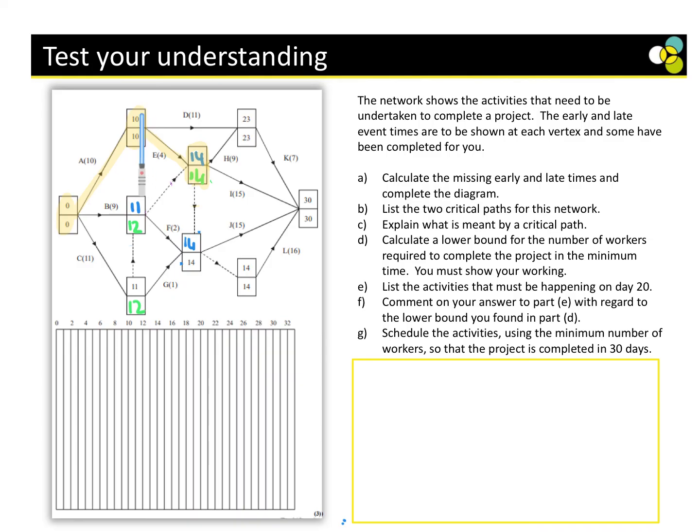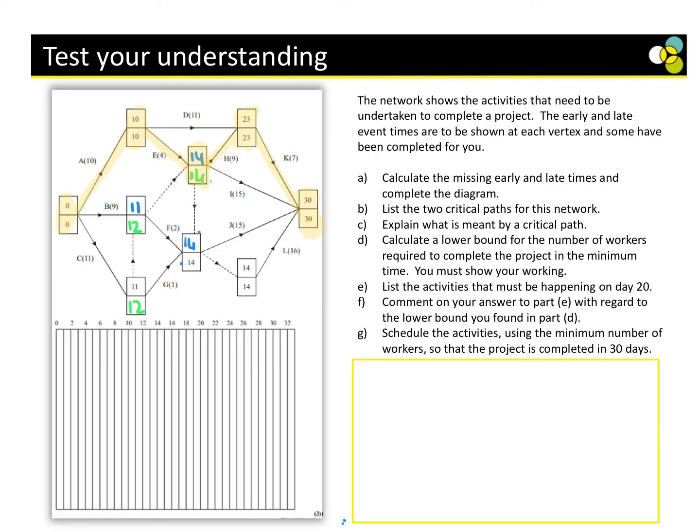Can we see here that 10 plus 11 is not 23? So D is not a critical activity, yeah? Okay, what is the H? This one is, isn't it? If we go up H. Okay, and then K plus 7, yes. Okay, now it said that there are two critical paths.